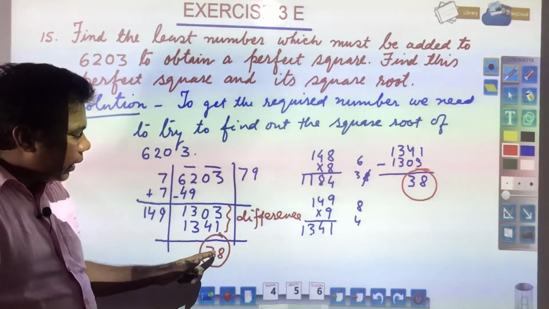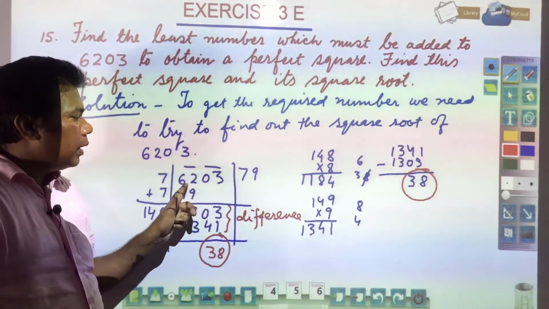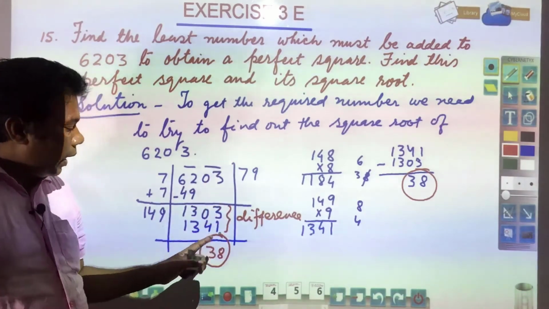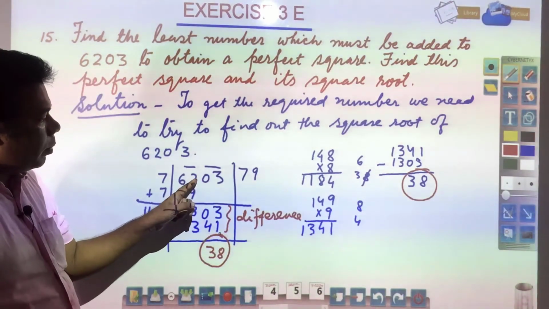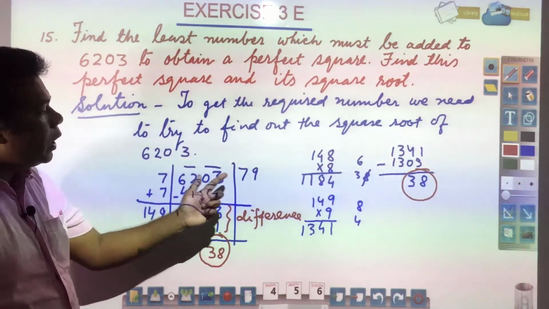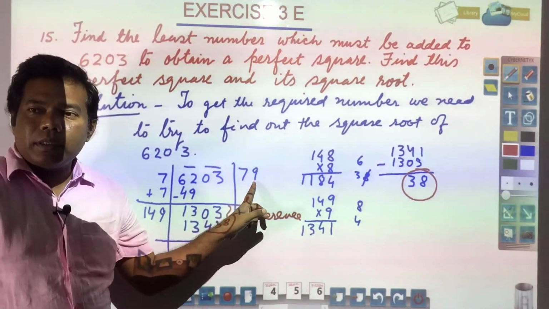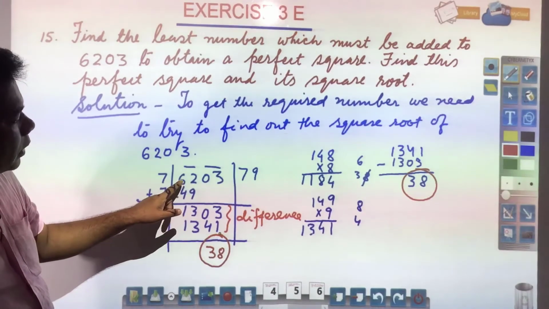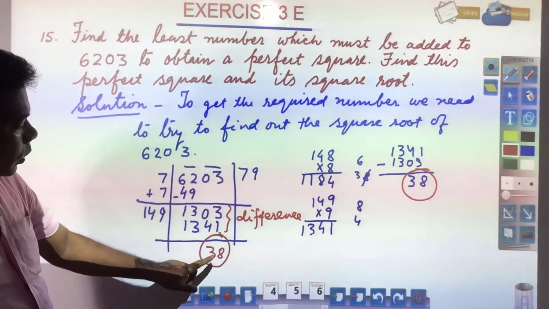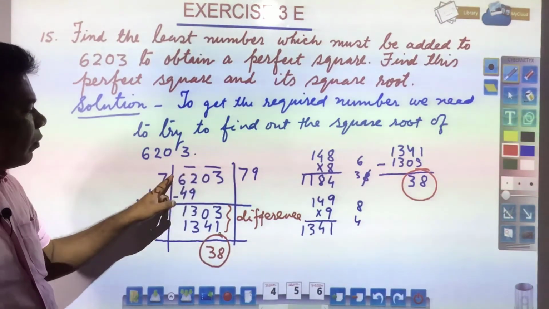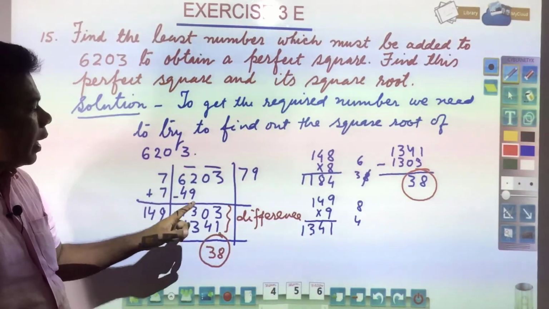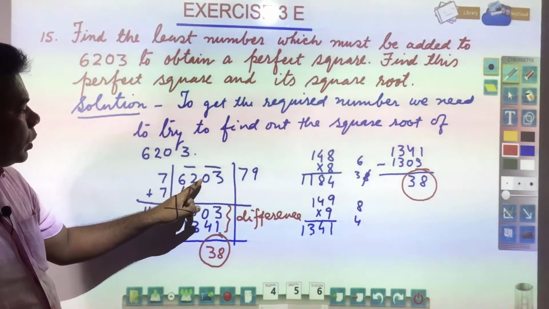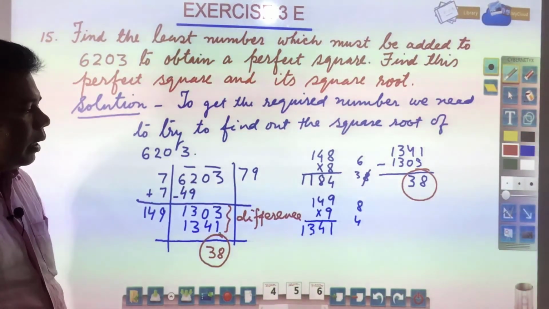Just see, if 38 would be added on this number, it would be completely divisible by 9 times, and that is why 38 is required to be added on 6203, so that you will get the perfect square, and your perfect square number will be 6203 plus 38.